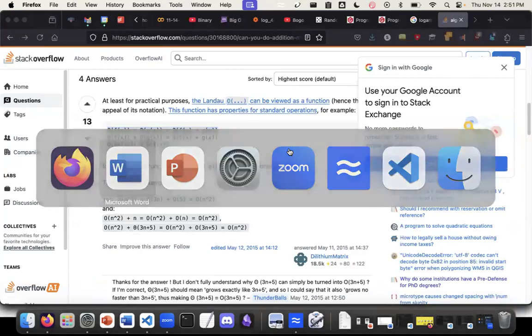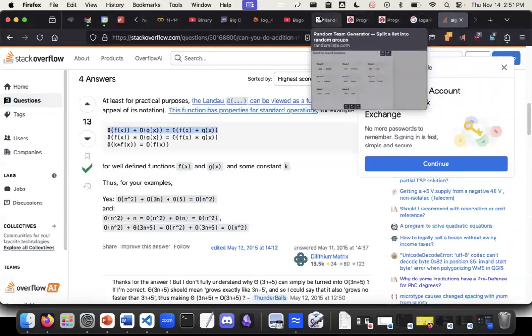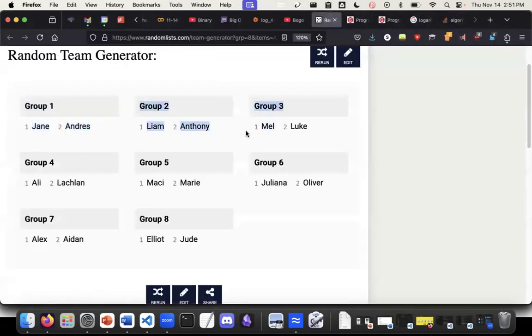Okay. So yeah, they're equivalent. Yeah, it is. Great. Okay, next group. Group 2.